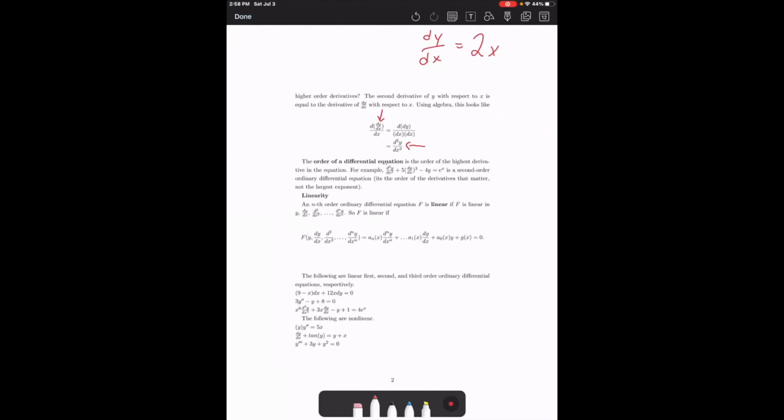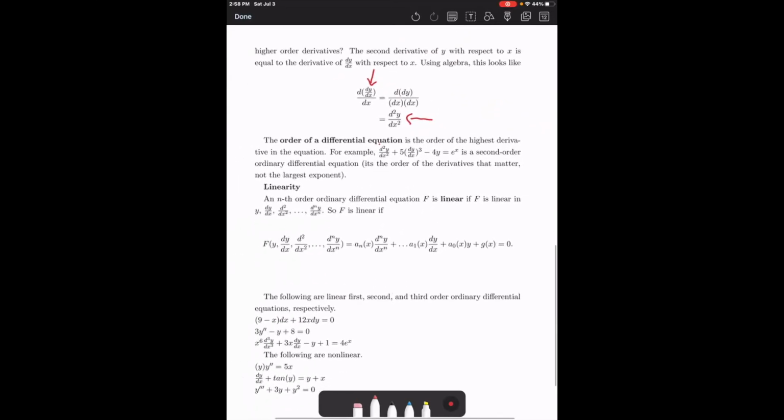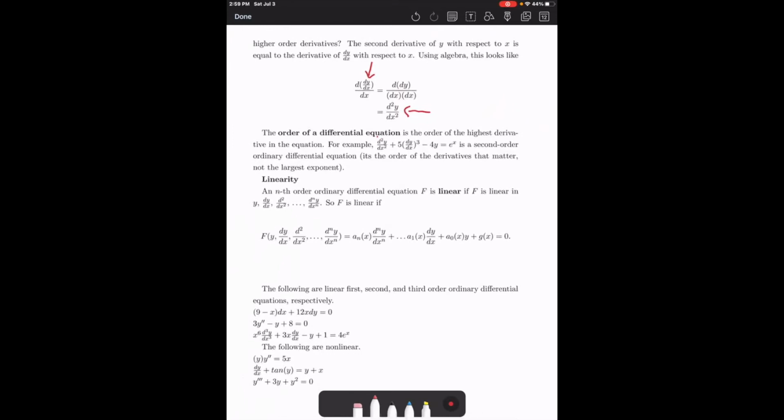Next, we'll look into the order of a differential equation. So that is the order of the highest derivative in the equation. So we've got an example here that may be quite helpful. d squared y dx squared, we would never read it that way.